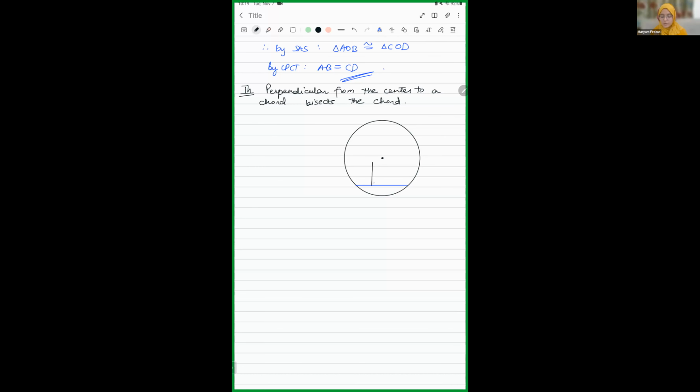If it is a perpendicular from the center, it will always be bisecting the chord into two equal halves. So this is your center, this is your chord, and it doesn't matter where you draw the chord. If there is a perpendicular from the center to that chord, the chord will always be bisected by it. So let's call it AB.